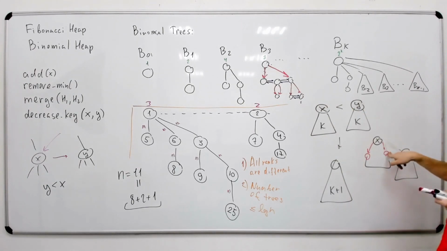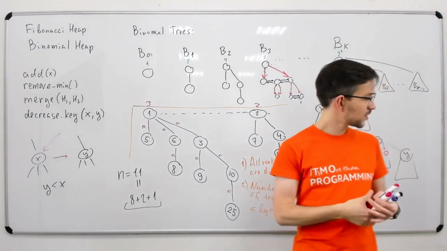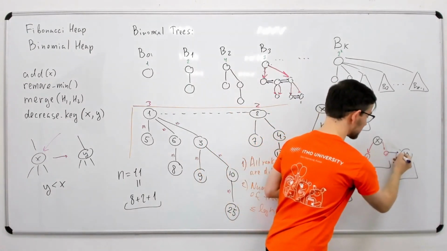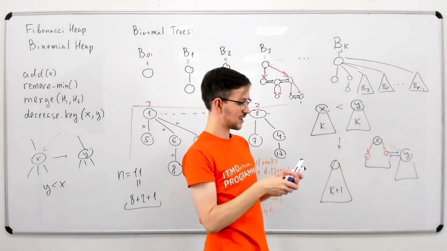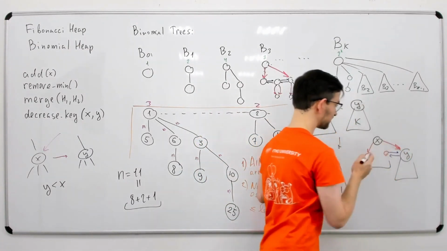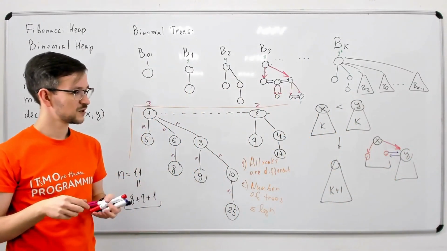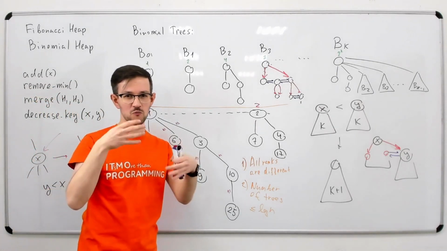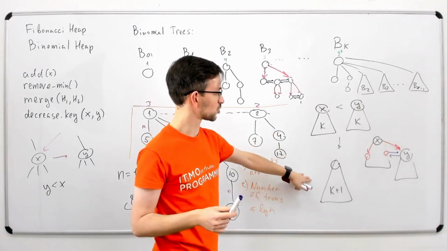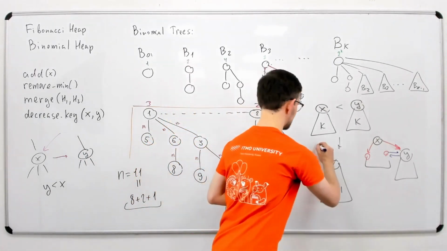You take the pointer to this last element, add this y to this list, and move this pointer here. So you do it in a constant number of pointer machine operations. So the total number of operations here is constant.